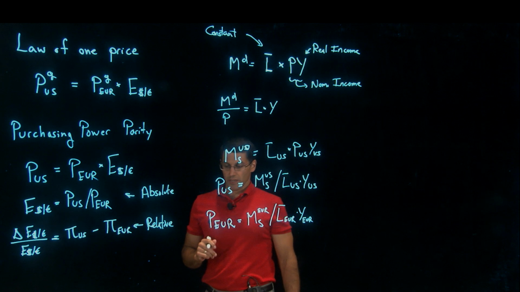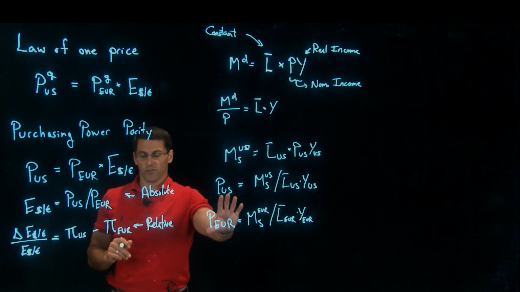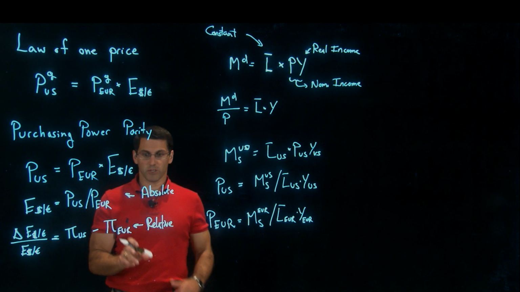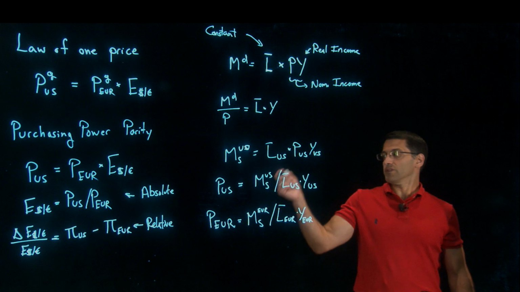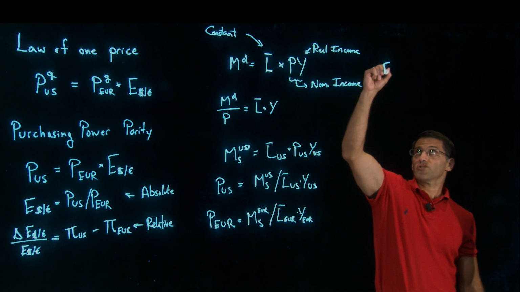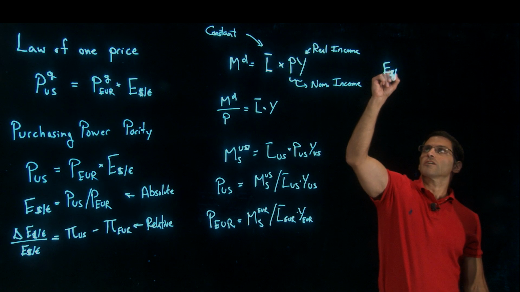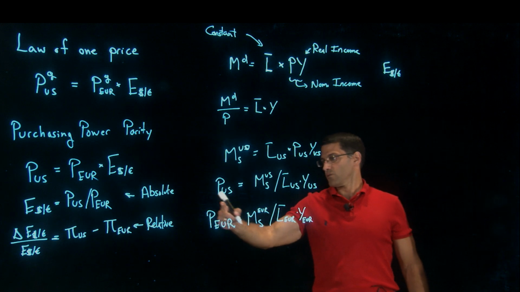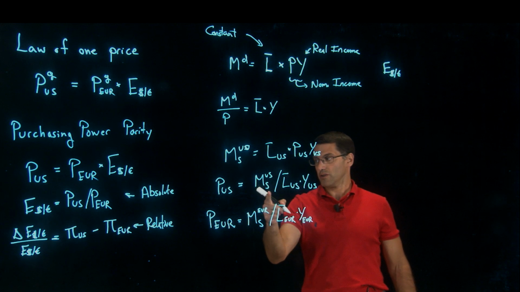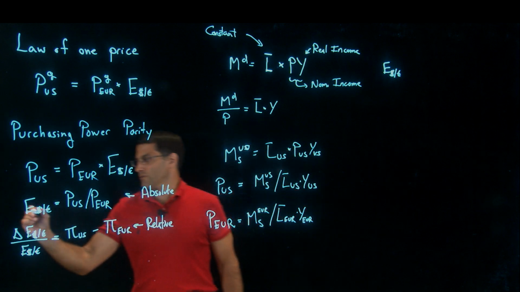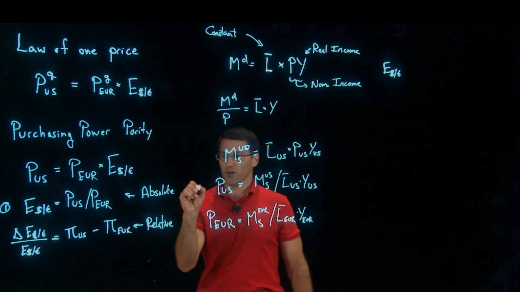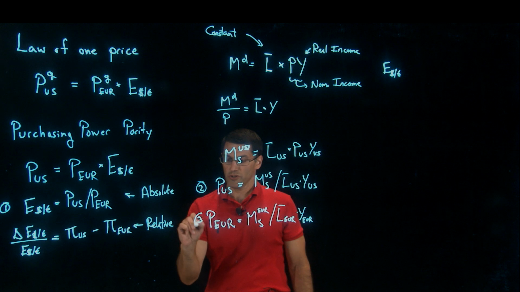And now we can take these two equations for the price level and put them into our absolute PPP equation. That will give us the dollar-euro exchange rate. I'll label these equations 1, 2, and 3 to keep track.